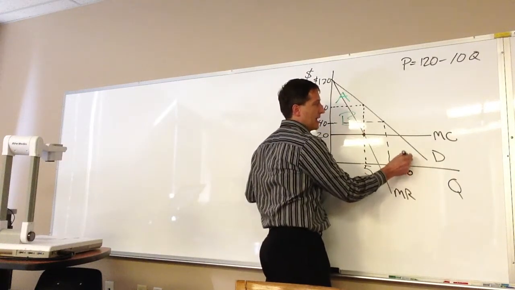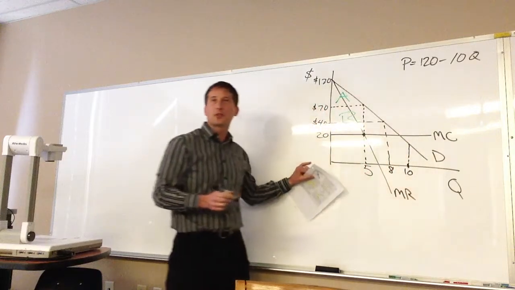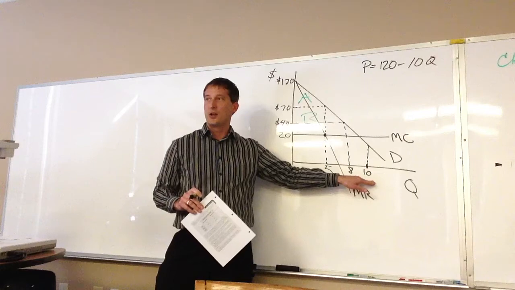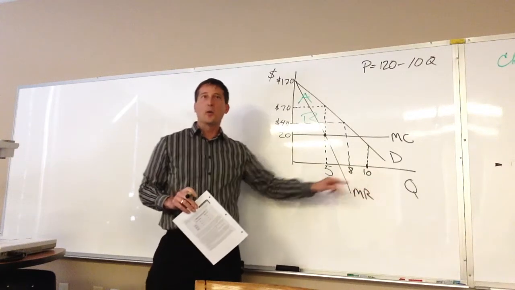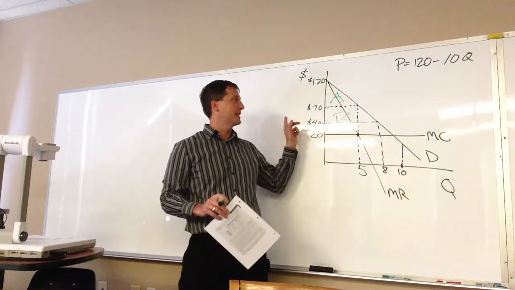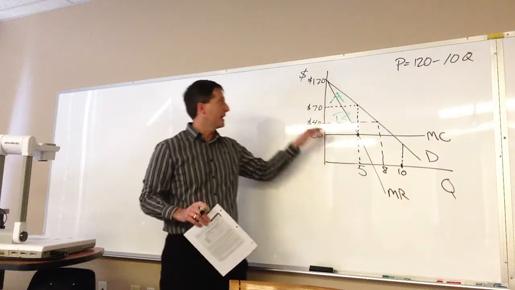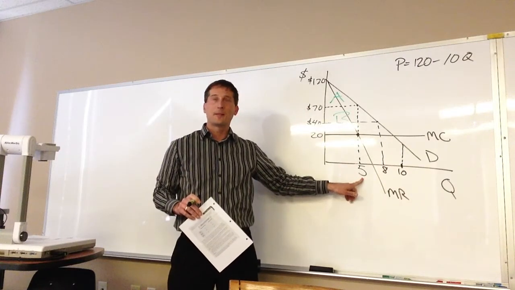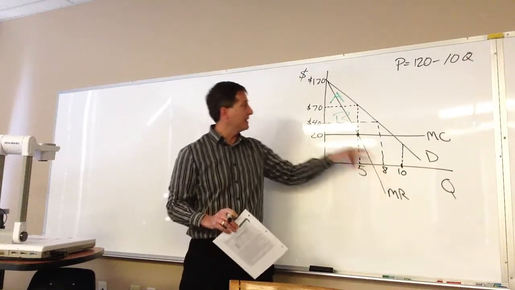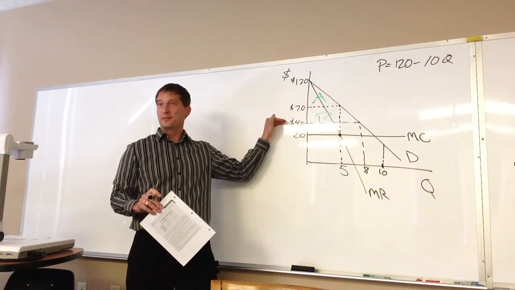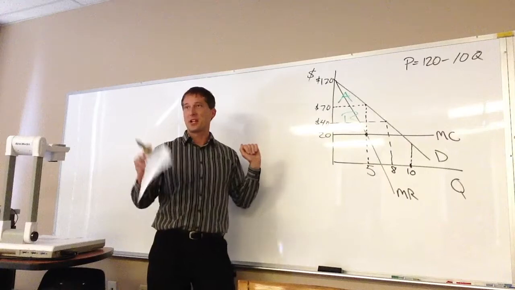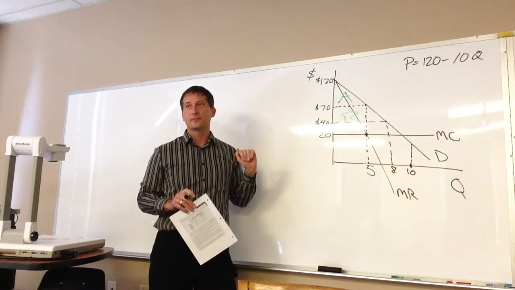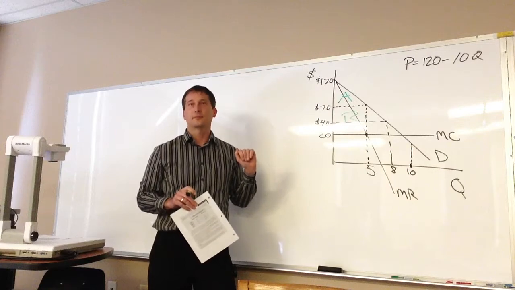So at a quantity of 10, is this person getting any consumer surplus off of the 10th unit? No. But would they still possibly jump into the deal compared to paying 70 with 5? They're willing to buy 8 at 40. Chelsea. It depends on how much that negative consumer surplus costs.